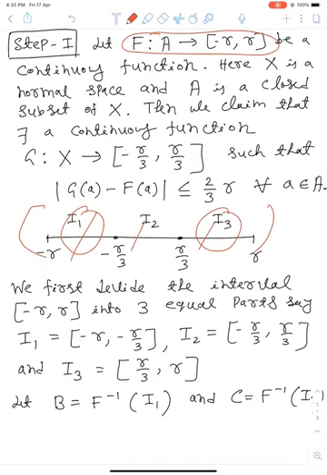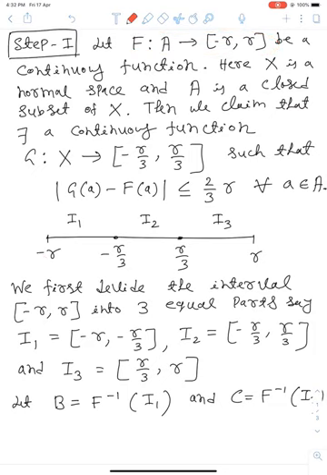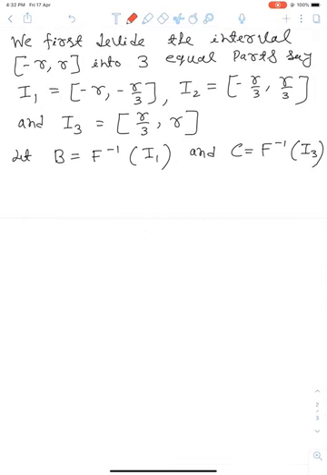So the inverse image of this portion is B and the inverse image of this portion is C, right? So that means B and C are closed sets in A, obviously. But we know that A is also closed. That means B and C are also closed in X.